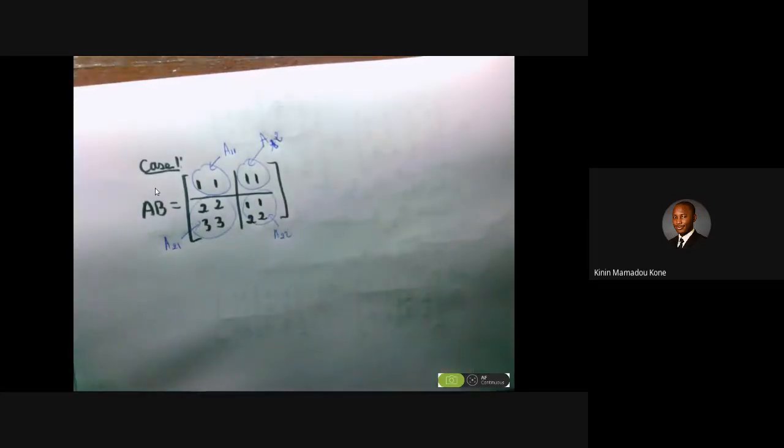And the entries, actually, this here is our A sub 1,1. This here is our A sub 1,2, row 1, column 2. And this one over here is our A21. This one over here is our A22, like this.